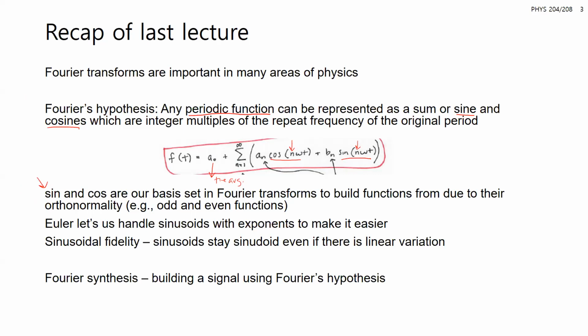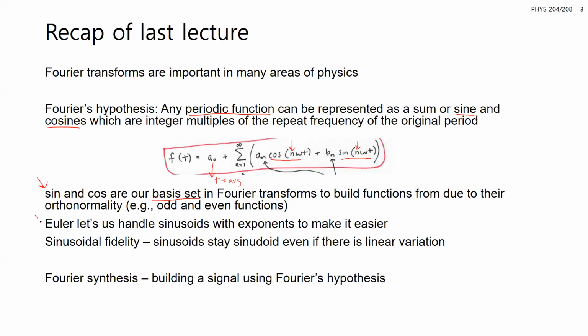Also, these points here are pointing out why we use sines and cosines. That's the basis set, so they're orthogonal functions. They have a large difference, just like when we were talking about colors when you're printing or doing displays, you want your basis set to be quite different from one another so you can represent many different combinations.